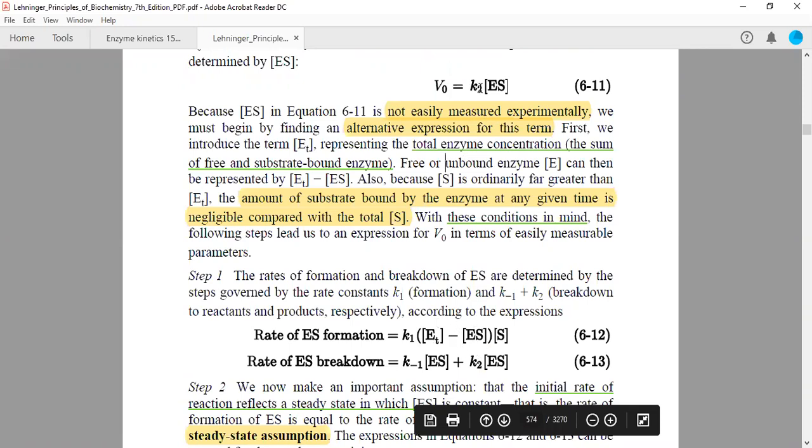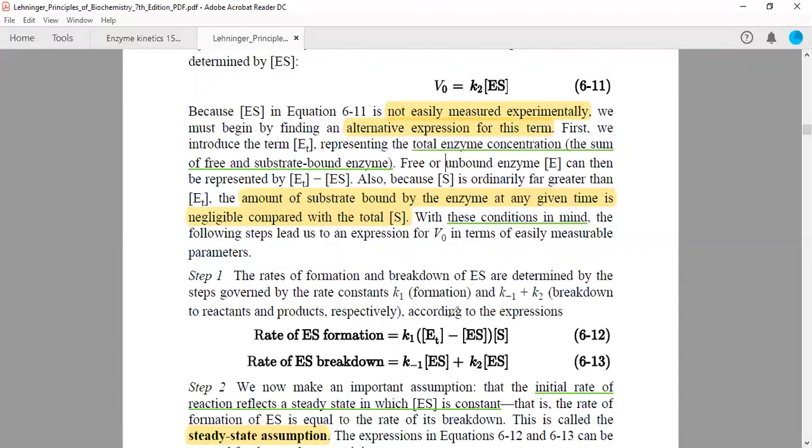This is the enzyme substrate complex. To calculate the free enzyme, if you multiply the free enzyme with the substrate concentration, you will get the enzyme substrate concentration. To calculate the free enzyme, we have already taken the total enzyme minus the enzyme substrate concentration, which is equal to the free enzyme.